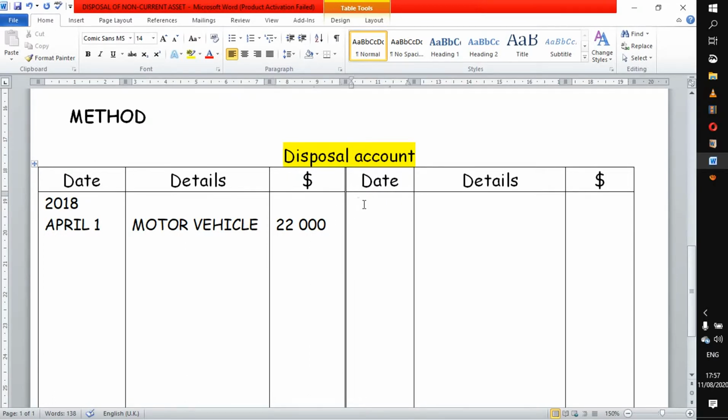That's the first step. The next step, on the same date again, 1 April 2018, we also transfer the accumulated depreciation. We know the accumulated depreciation for this asset, you find it in the provision for depreciation of motor vehicle.